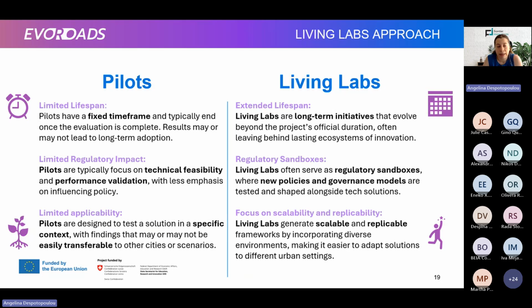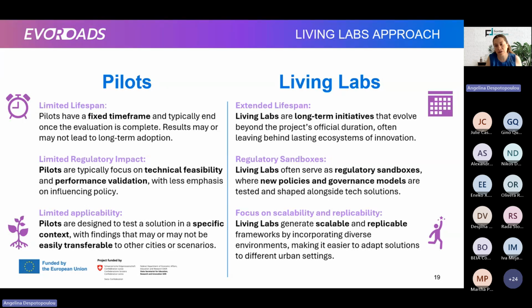Pilots have a limited regulatory impact. They are more like experiments. They are not so extroverted initiatives, let's say. Of course, you report to the European Union and to whoever funded your research about your results. This is not negotiable, but they do not serve as regulatory sandboxes, which is the case with the living labs.